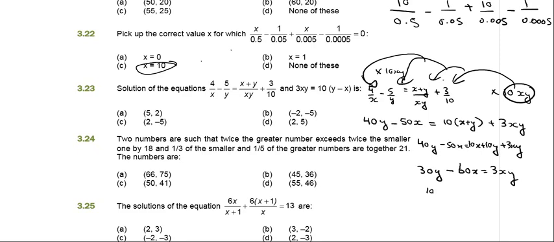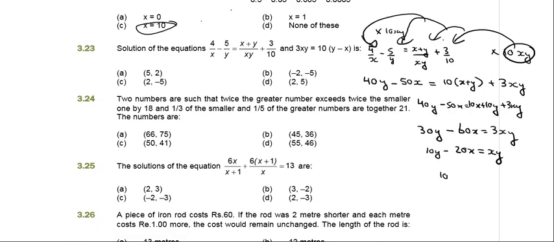So this will be 10y minus 20x is equal to xy. Now once we have this, we can take x common. Bringing the 20x on the left hand side, xy plus 20x, taking x common, we will have y plus 20, and over here we have 10y, so x is equal to 10y divided by 20 plus y.